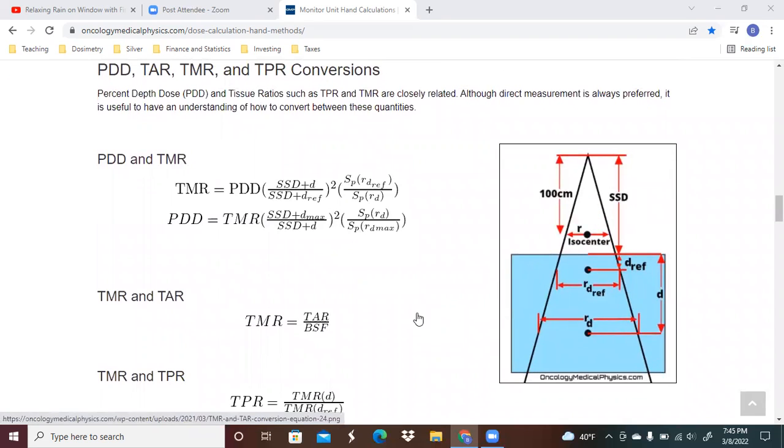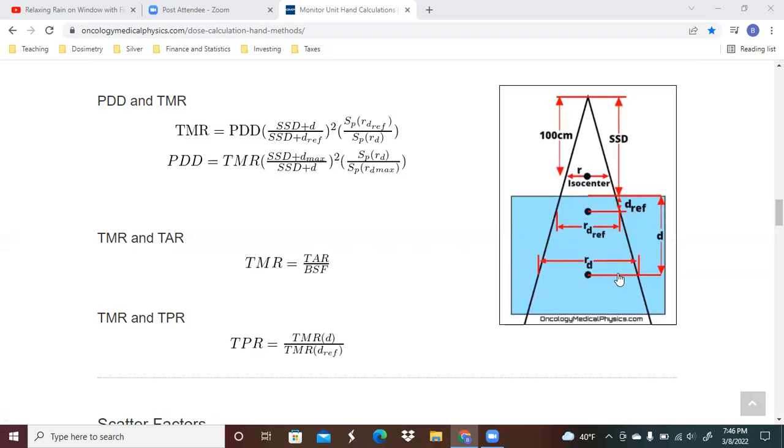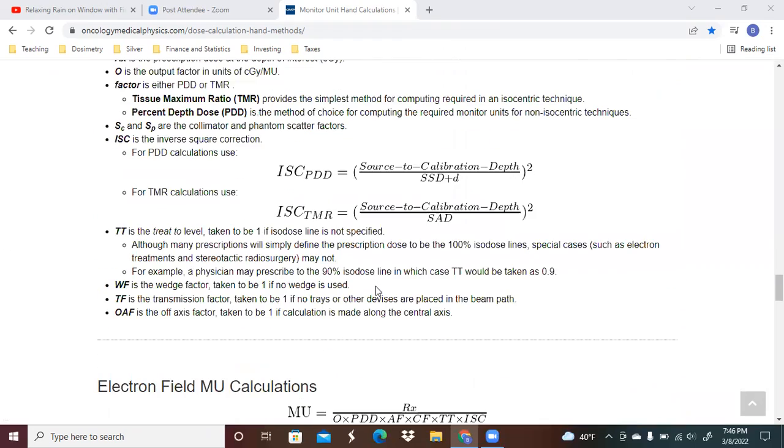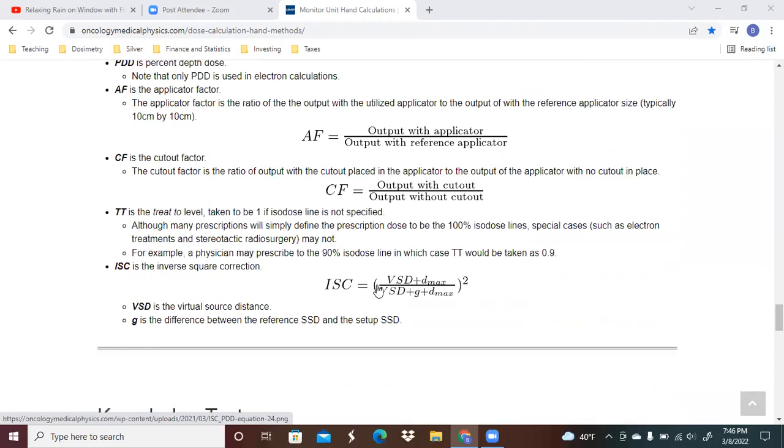I don't really expect you to be able to do that, but these are the types of equations that will allow you to be able to go from one to the other. And you can kind of see they're trying to make a summary over here as to how to be able to do that. So that's a lot of what I see out of this that is of value to you.